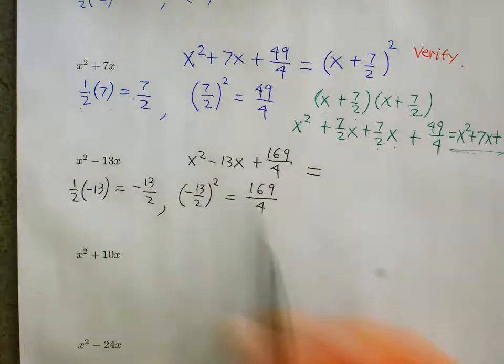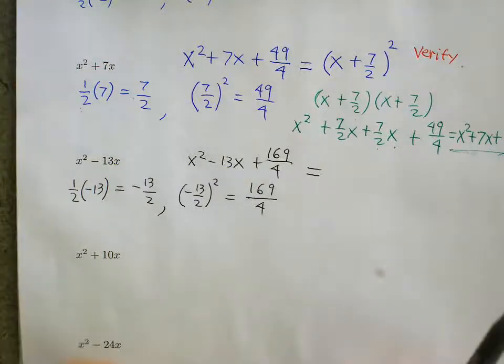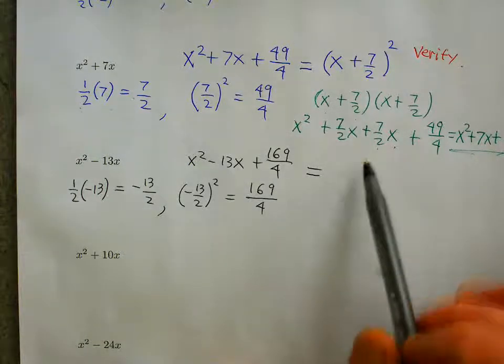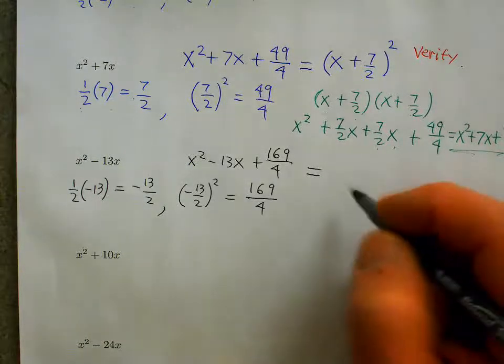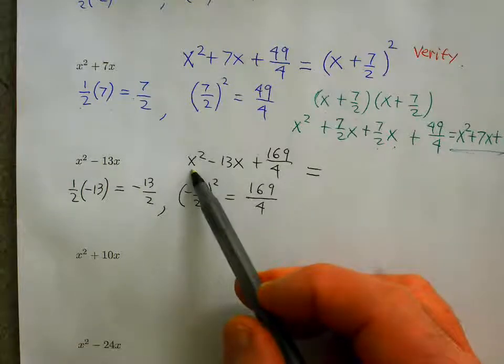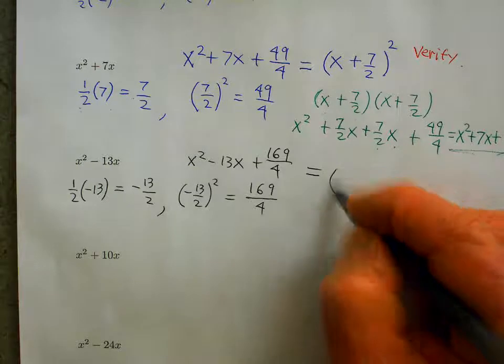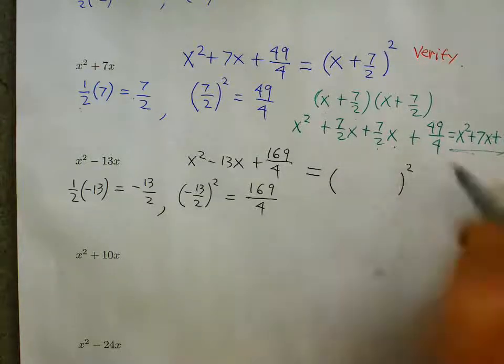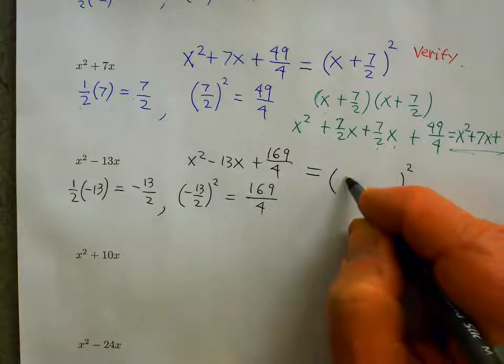So you need to know how to factor the perfect square trinomial. So we follow the same procedure that we've been following so far. The first term in the perfect square trinomial is x squared. So the binomial has a first term of x.